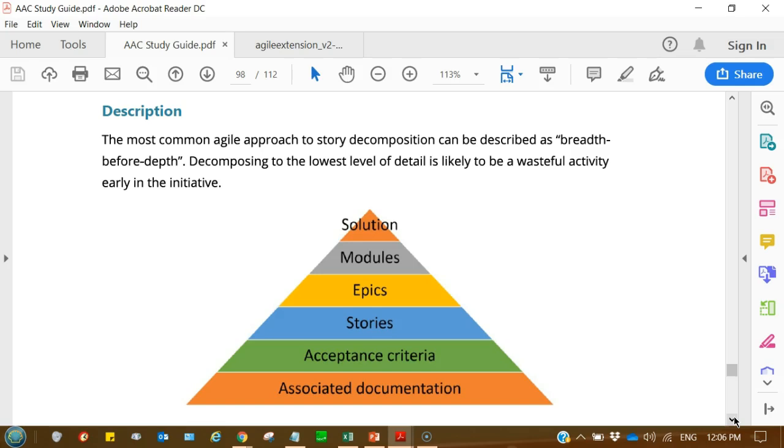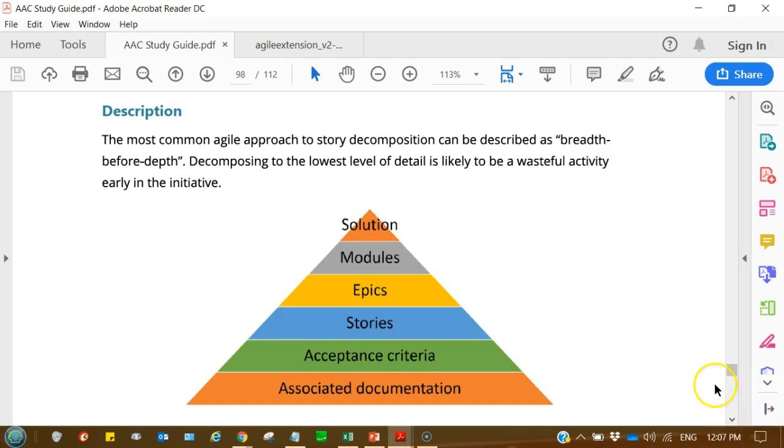Then trust that as you go further forward, into the delivery horizon, you're going to break those apart into smaller stories, so that the delivery team can have concrete things that they're trying to deliver, in terms of concrete pieces.